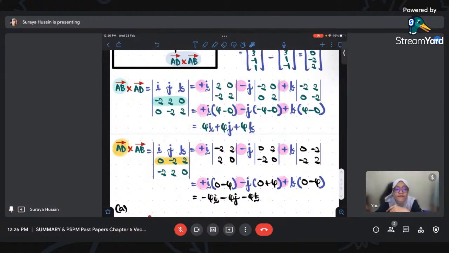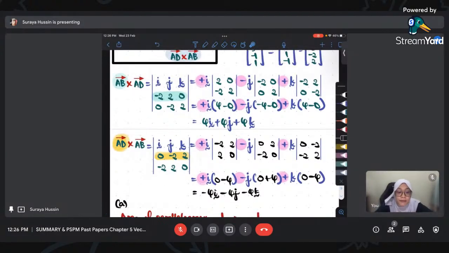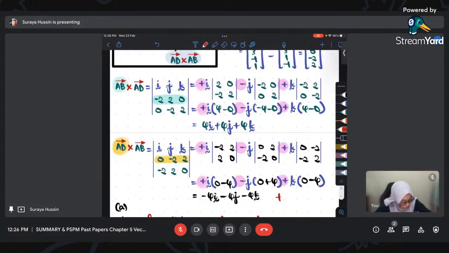Negative and positive sign. Exactly. So the negative and positive signs indicate apa? The sign positive and negative indicates what?